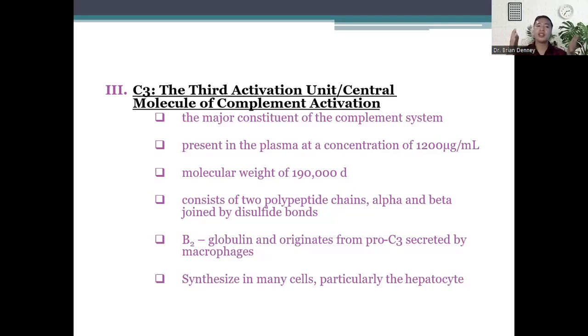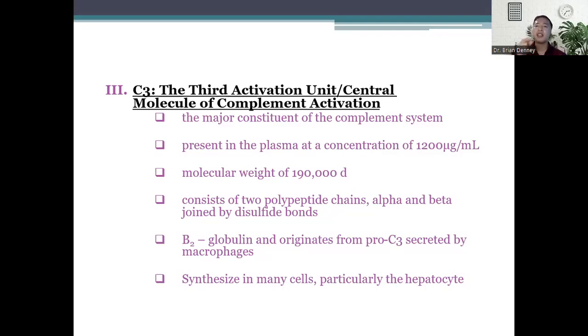And so C3 cleavage, or proteolysis, is considered a major amplification process. Why amplification? Because C3 is the most abundant, so if you cleave C3 molecules, you produce many fragments. Whereas your C4, being the second most abundant complement protein, when cleaved by the C1s complement protein, also produces many molecules.